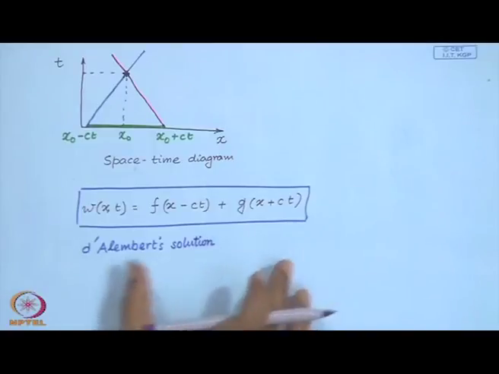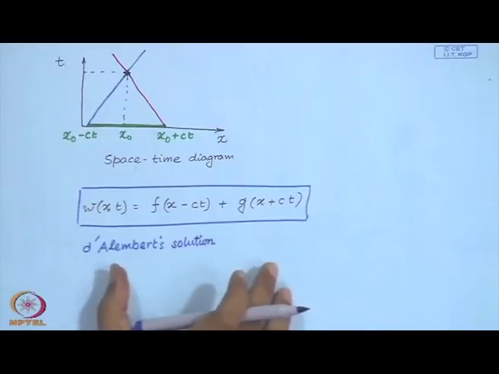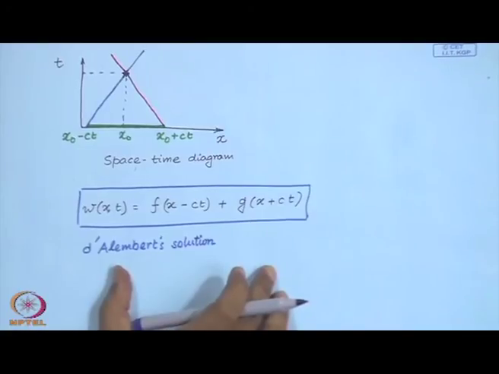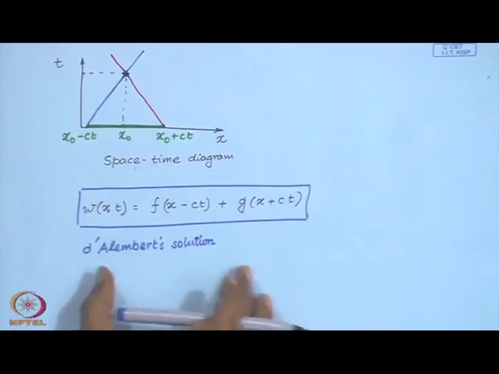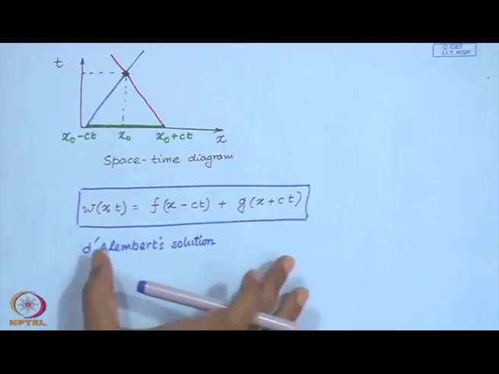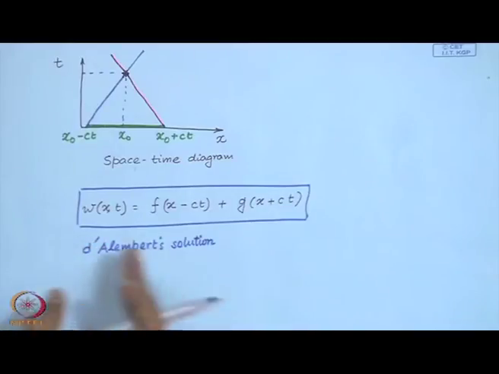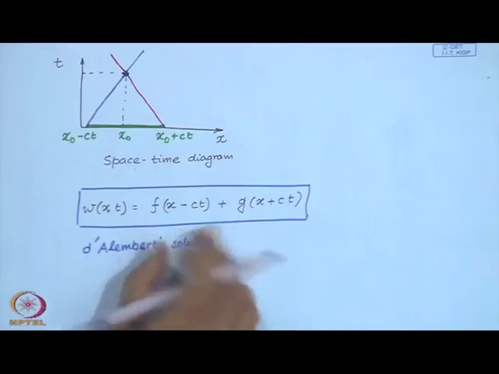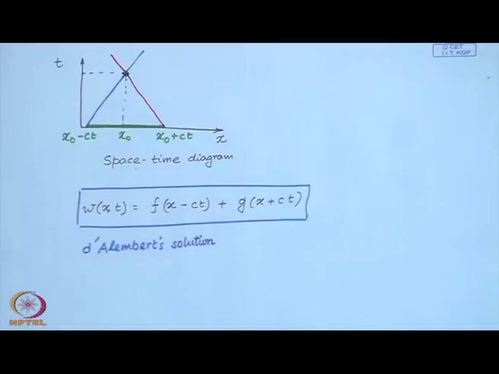So, this is the D'Alembert solution of the wave equation. This structure clearly shows that we can think about any solution of the wave equation in terms of positive and negative travelling waves.